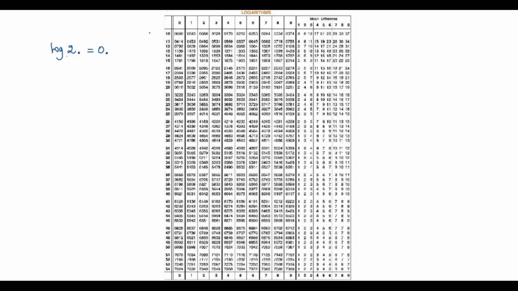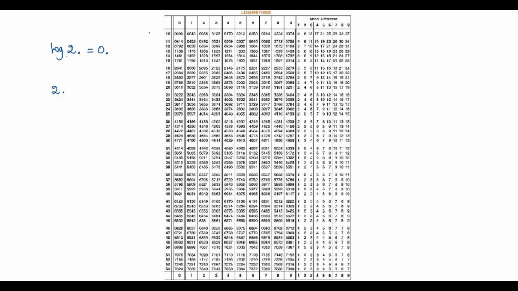Now when we look at the logarithm table, the first row is 10, then 11, 12. So the logarithm table starts giving the rows only for two digit numbers, not for a single digit number. But here we have the single digit number 2. So how do I get the value for this one?